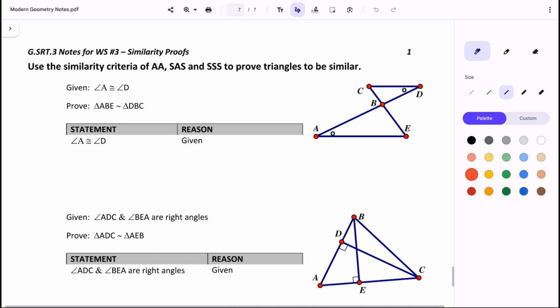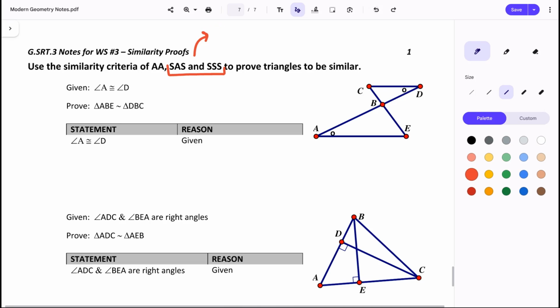If you are trying to use a proof with these 2 tests here, the ones that involve sides, if they're giving you numerical values for sides, you will have to check that they're proportional. So I'm just going to write that as a note up here at the top.